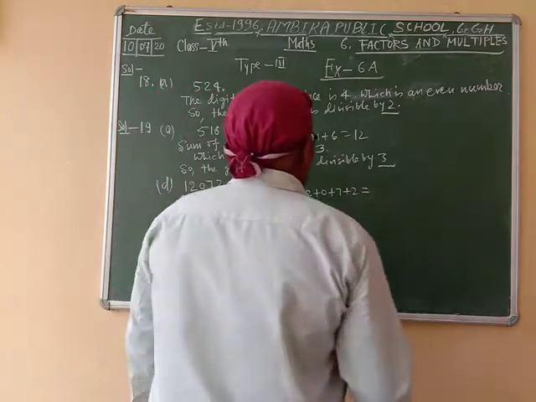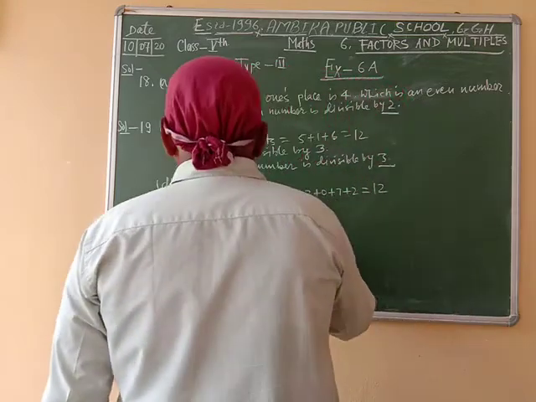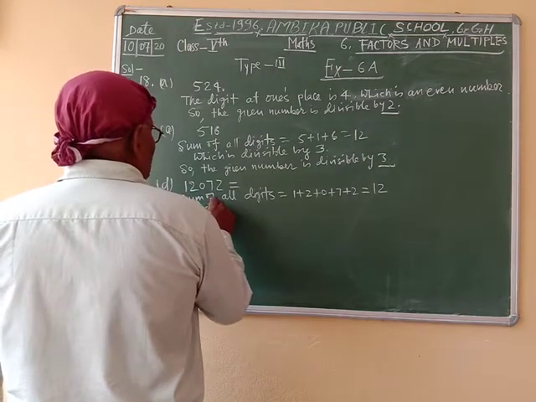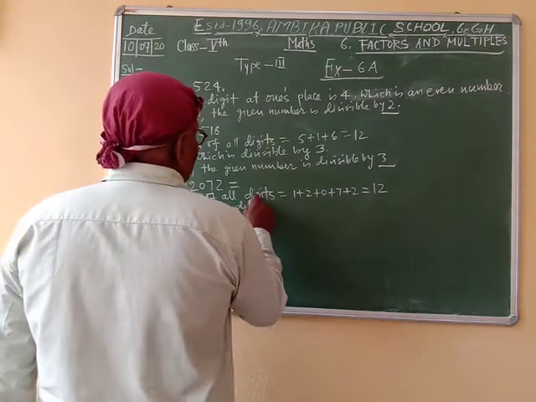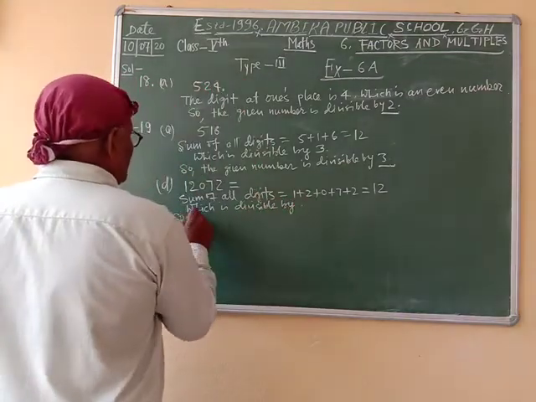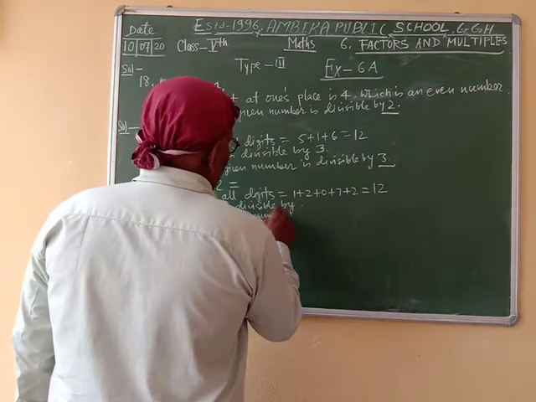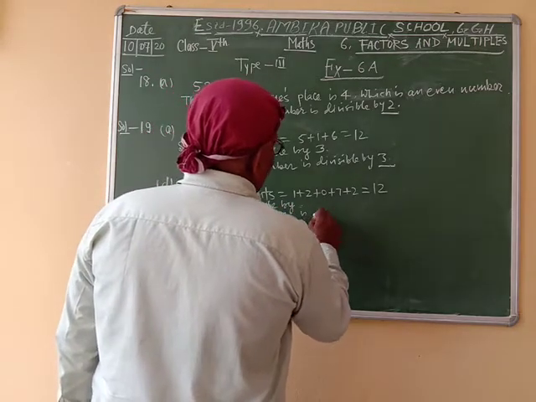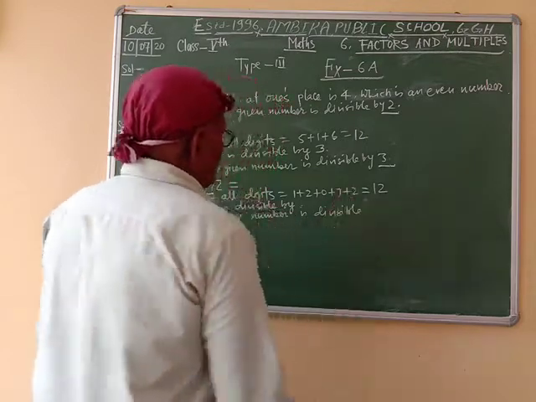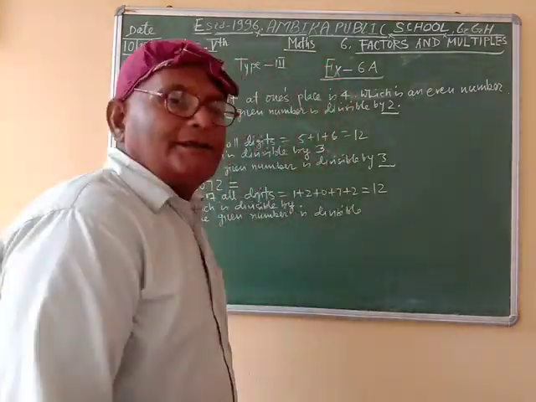The total sum is 12, which is divisible by 3, so the given number is divisible by 3. You can solve A and D the same way.